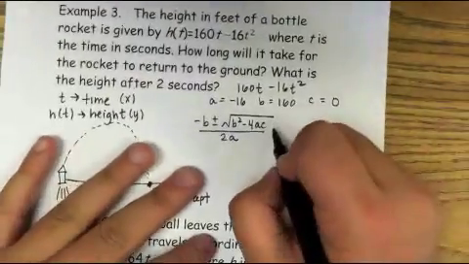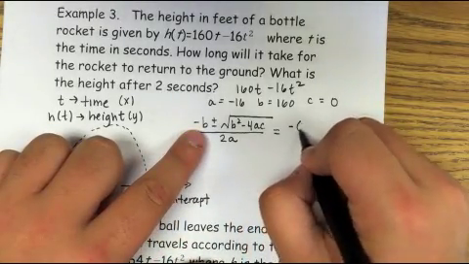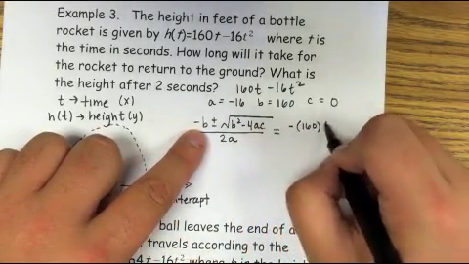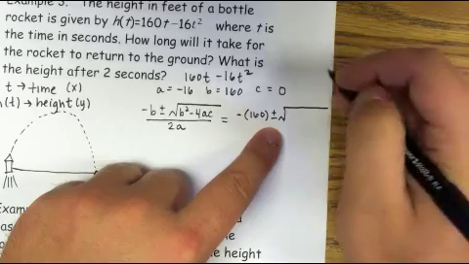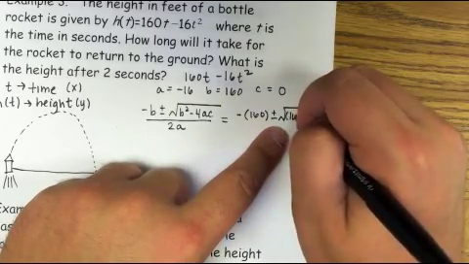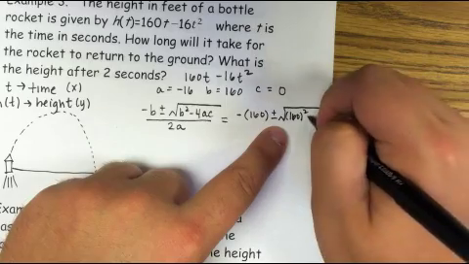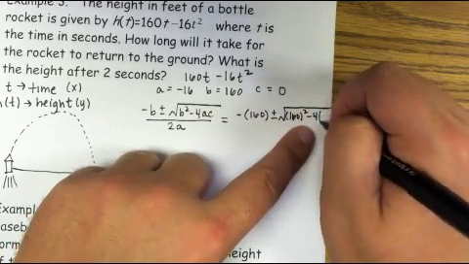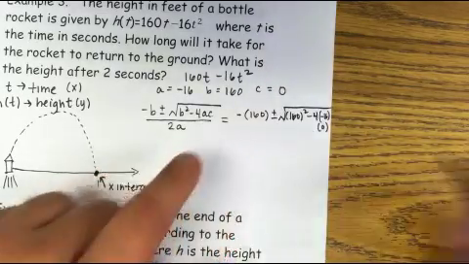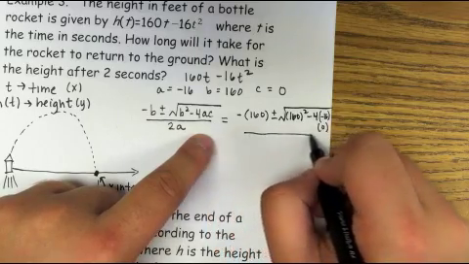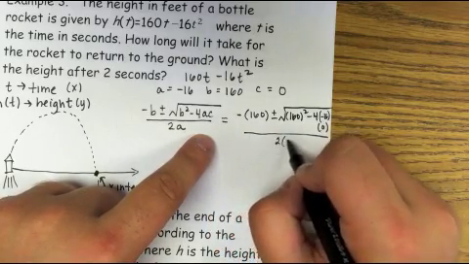Okay, so negative b, negative 160, plus or minus, I'm kind of running out of room here, so bear with me. B squared, so 160 squared, minus 4 times negative 16 times 0, all over 2 times negative 16.